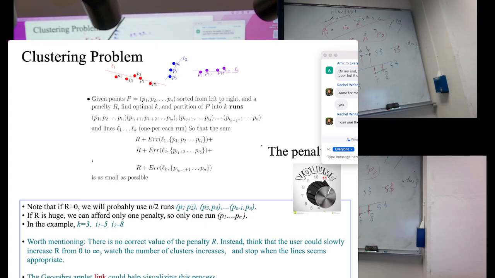You're paying for how well the line fits the points, the sum of distances, plus you're paying R. And so on for the third run, the fourth, the fifth, the seventh. How many runs? You will tell me how many clusters. Where does each run start and stop? You will tell me. But you'll do it in a way that the overall cost that is written here will be as small as possible.